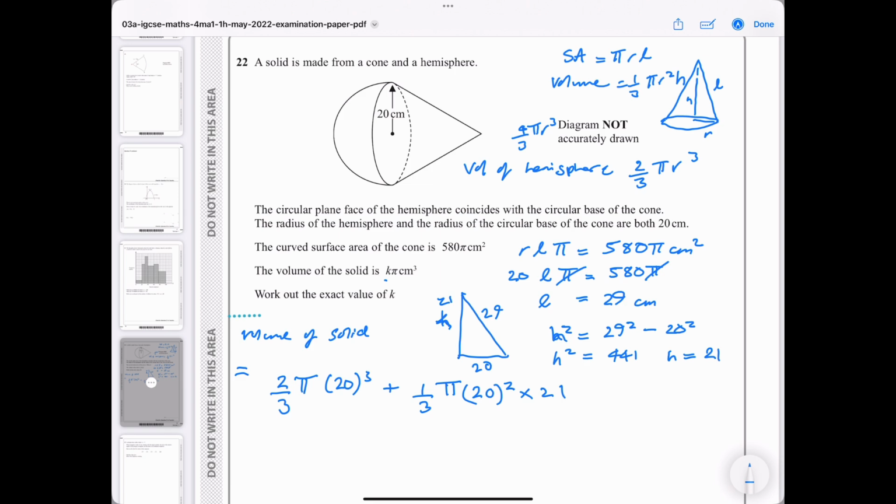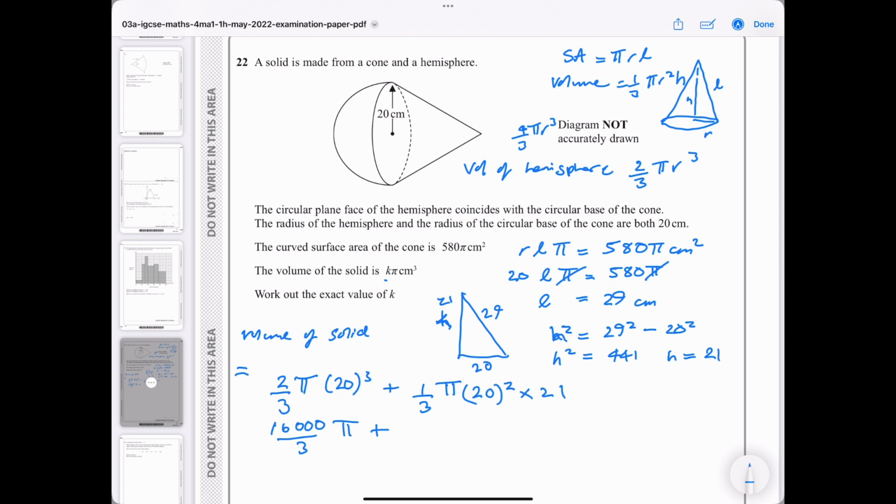Okay, so now we've got 8,000 times 2/3, which is going to be 16,000 over 3 pi, plus 20 times 20 times 21, divided by 3.